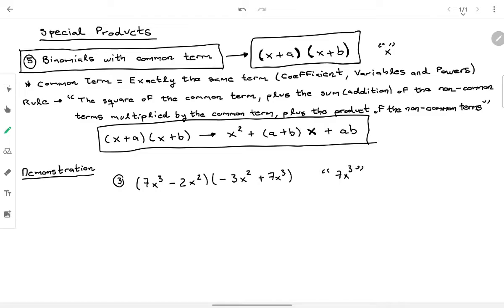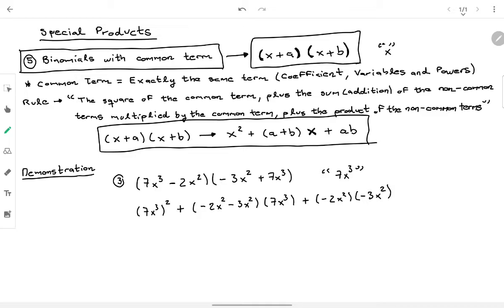So the rule is the common term squared plus the addition of the non-common terms multiplied by the common term plus the product of the non-common terms.